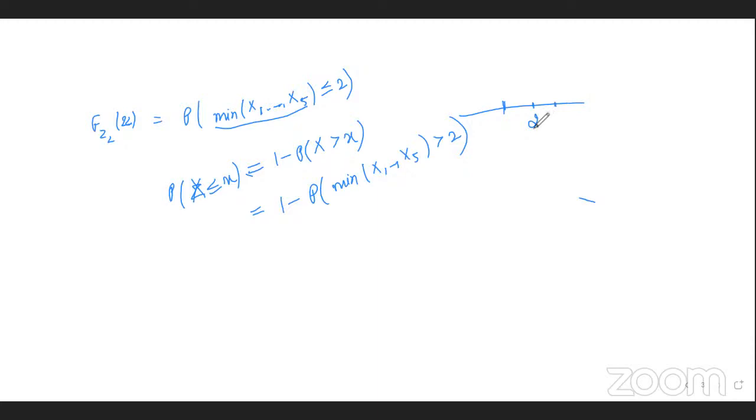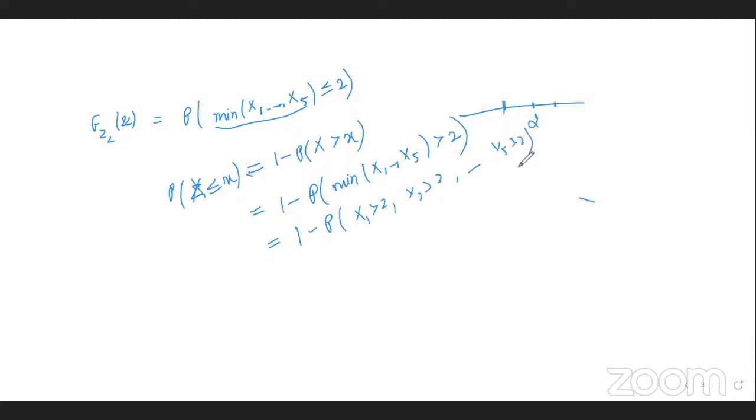So if the minimum is greater than 2, each of the numbers will be greater than 2. So we can write it as X1 greater than 2, X2 greater than 2, up to X5 greater than 2.